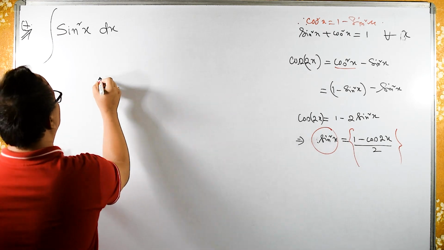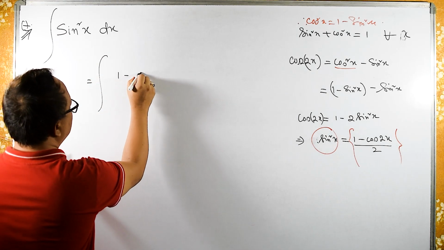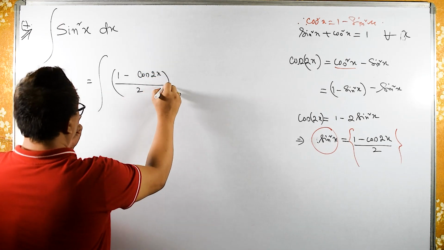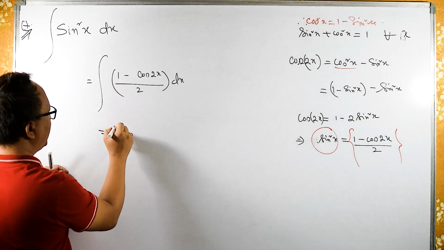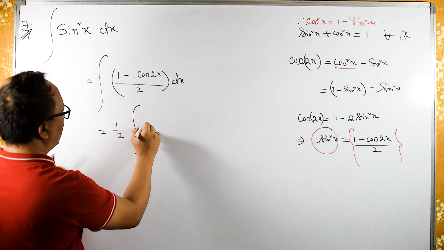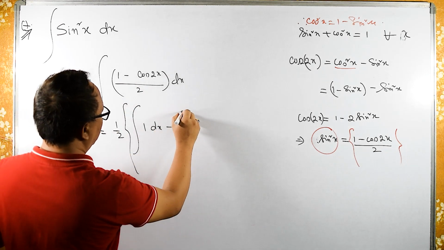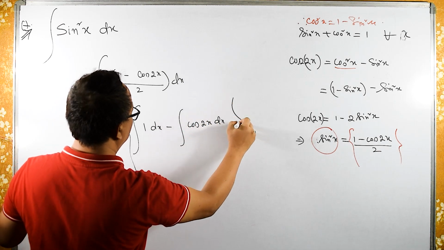So it's quite simple. This is the same as integral of 1 minus cos of 2x upon 2 dx, which equals half. I can send it outside, it is constant, integral of 1 dx minus integral of cos of 2x dx.